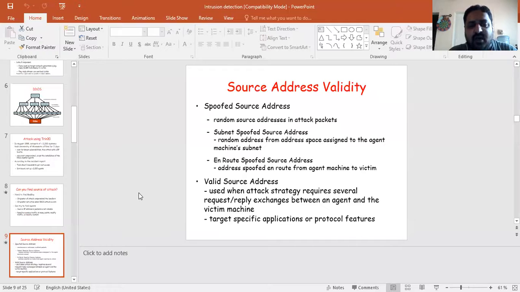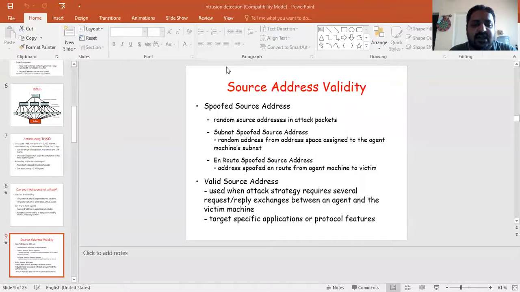What does spoofing the source address mean? It means he may be acting as a legitimate user in the network. He may spoof, or masquerade, the address of a legitimate user, and then launch the attack on a network. So that's why we say that.